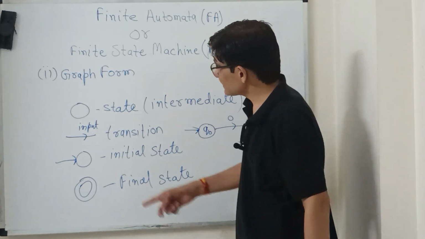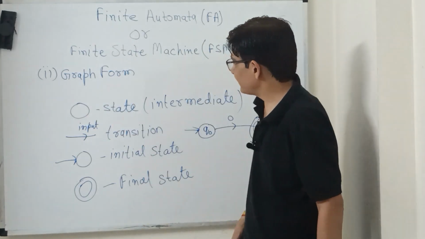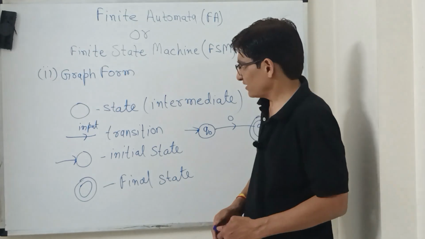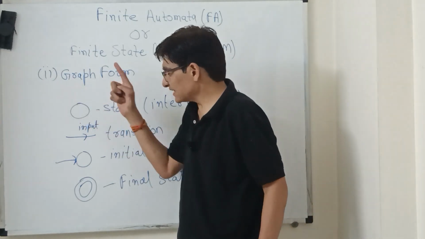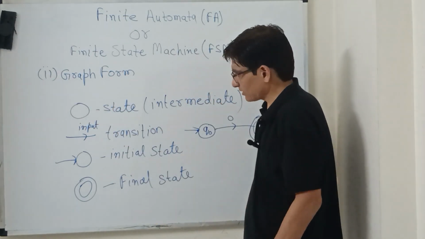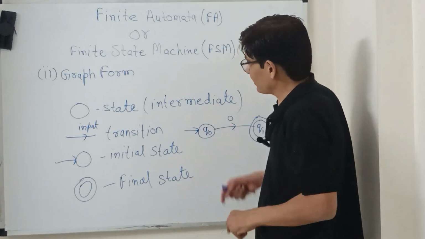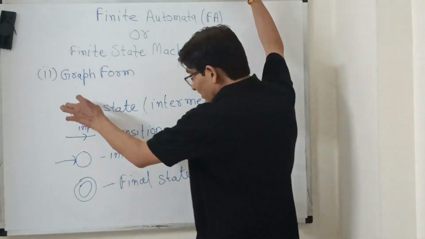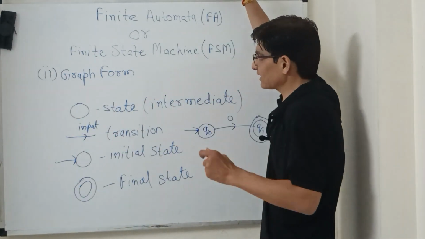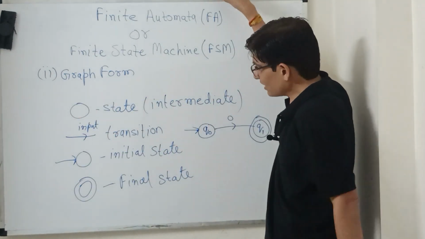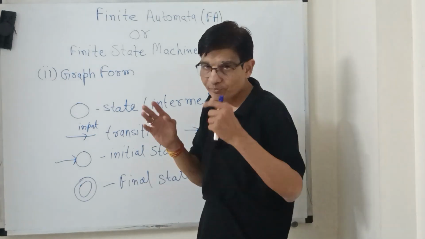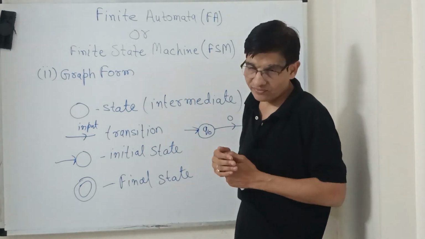So friends, this is another form of representing a finite state machine. The first was the set form. In that form, we defined four different sets and one initial state. Now we can represent a finite state machine in graphical form. In graphical form, we create a structure like a graph.